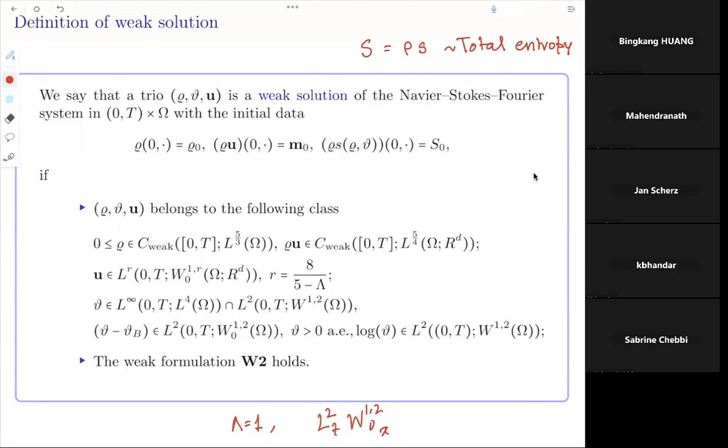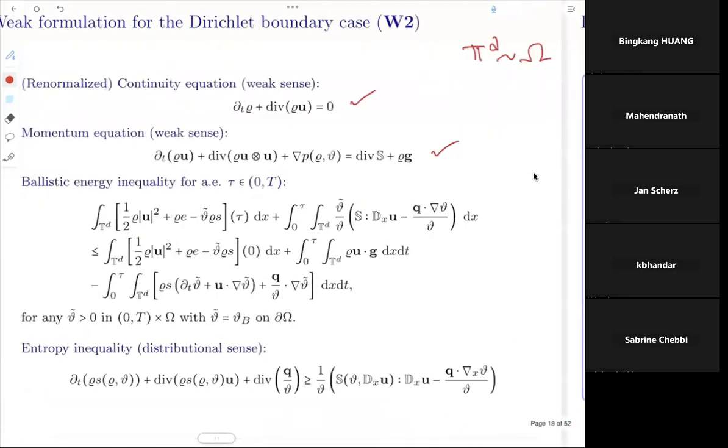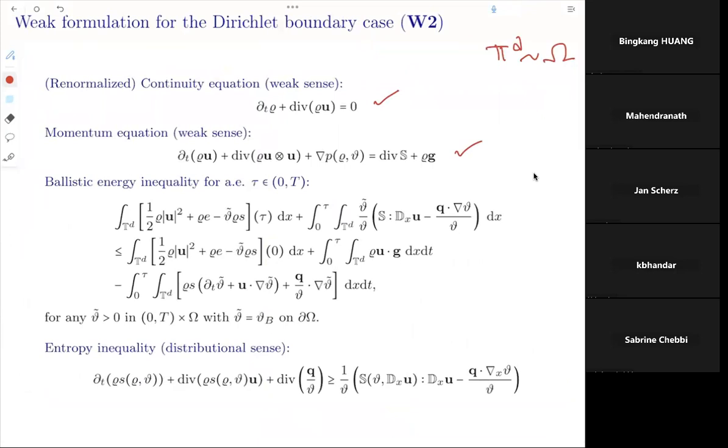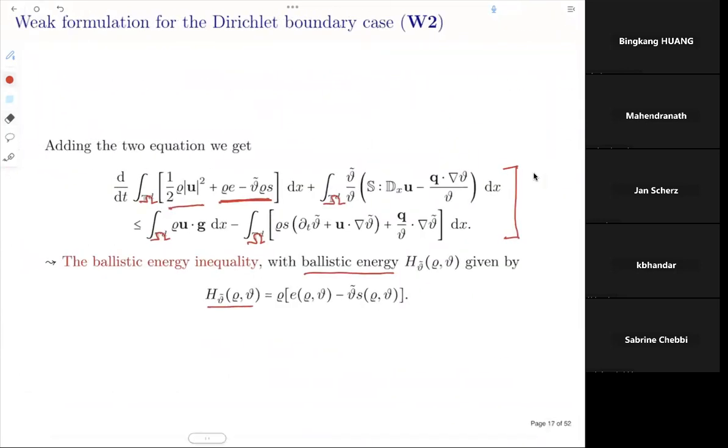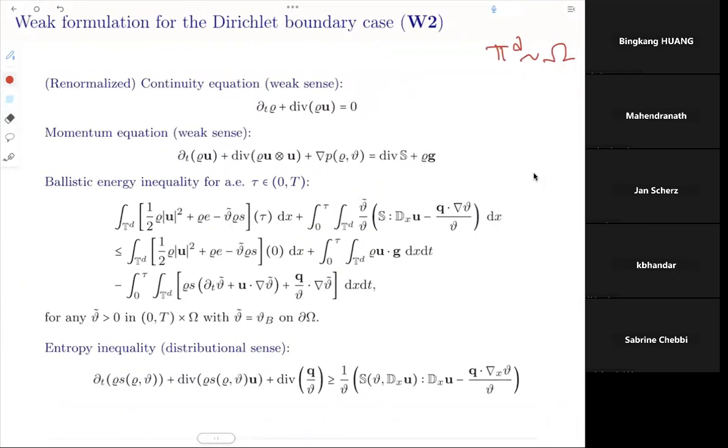Now, in order to prove that there exists a weak solution, the first thing we need to do is at least to get some a priori estimate out of it. Because if we closely look at what we can get from the mass balance or continuity equation, rho at any time is basically determined by the initial data rho naught.